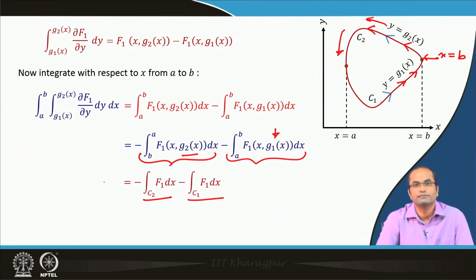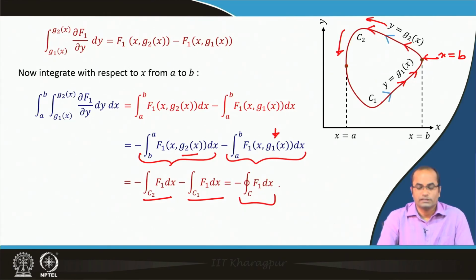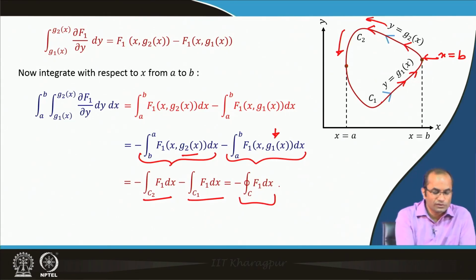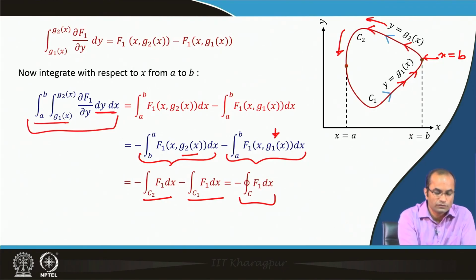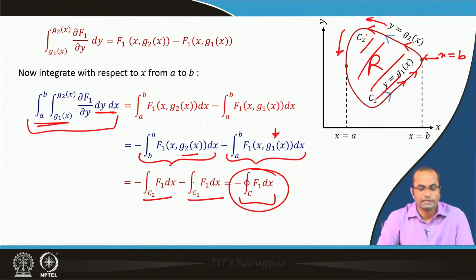With the minus sign if we take common, that means this plus this. So, we are integrating over the curve C this f1 with respect to x. This is the result of this area integral. This is the integral over this whole region R, and the result is this minus the integral over C of f1 dx.